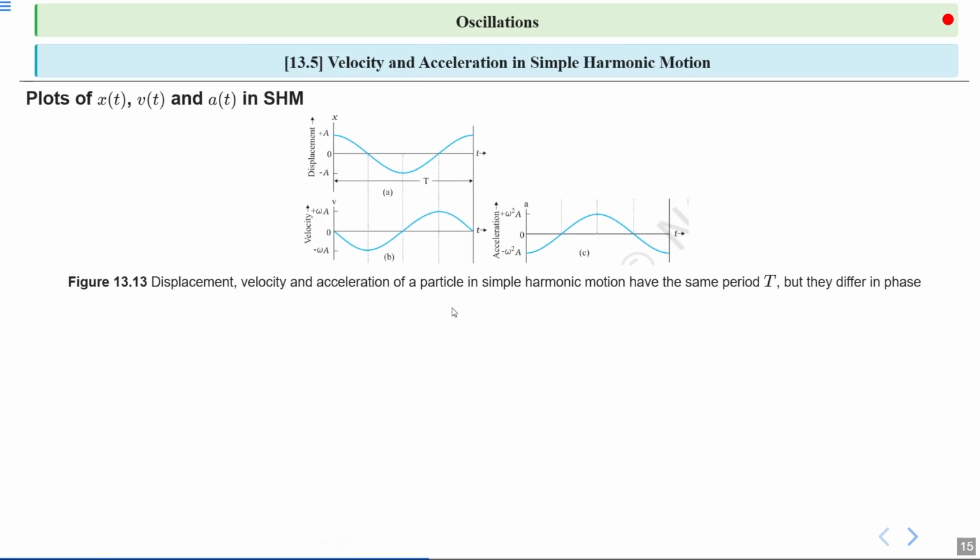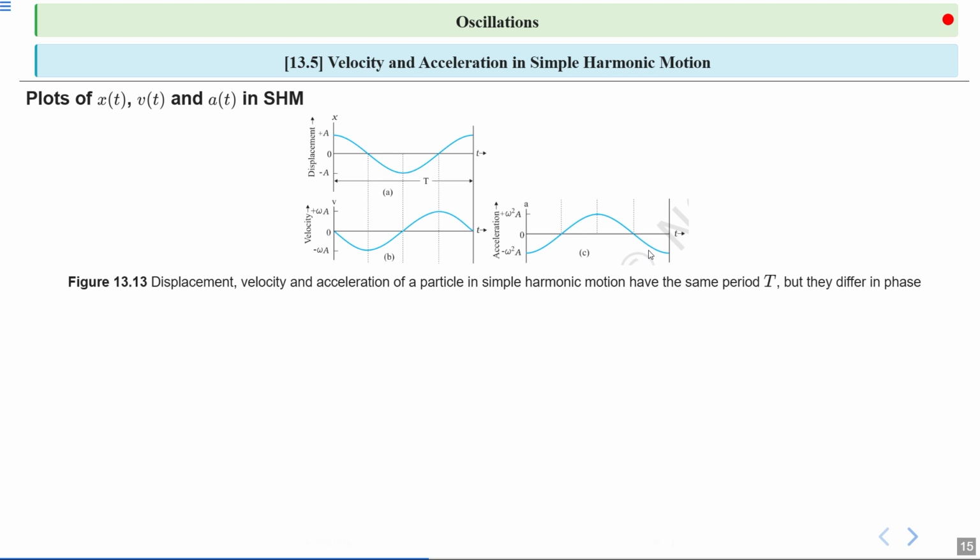Alright, so plots of x of t, v of t and a of t in SHM. Let's look at how displacement, velocity and acceleration change over time for a particle in simple harmonic motion, or SHM. The graph here shows all three quantities plotted against time: displacement versus time, velocity versus time, and acceleration versus time.